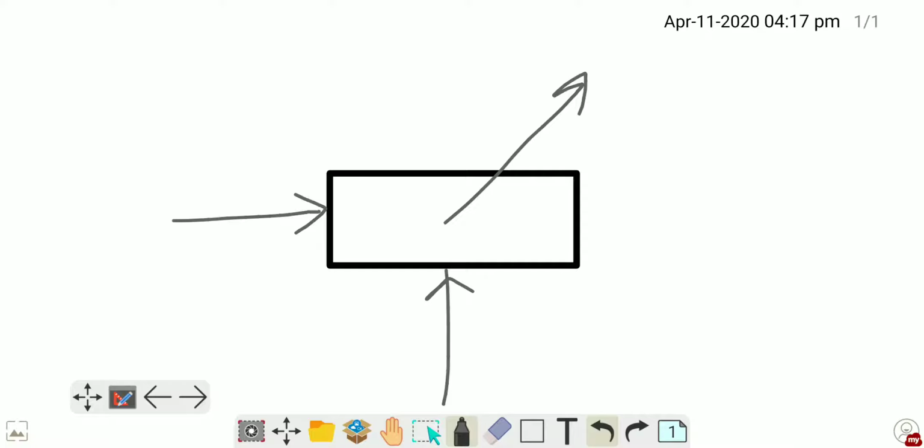It can be clearly seen that the body is moving towards the right, and at the same time it is also moving in the vertically upward direction.